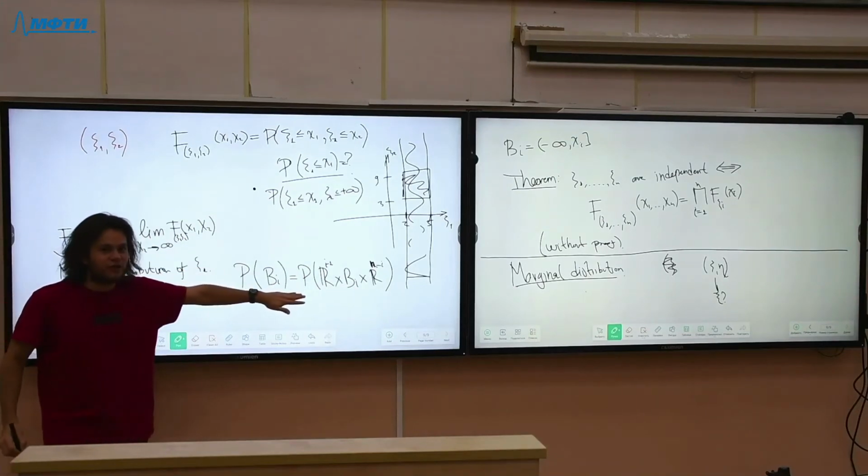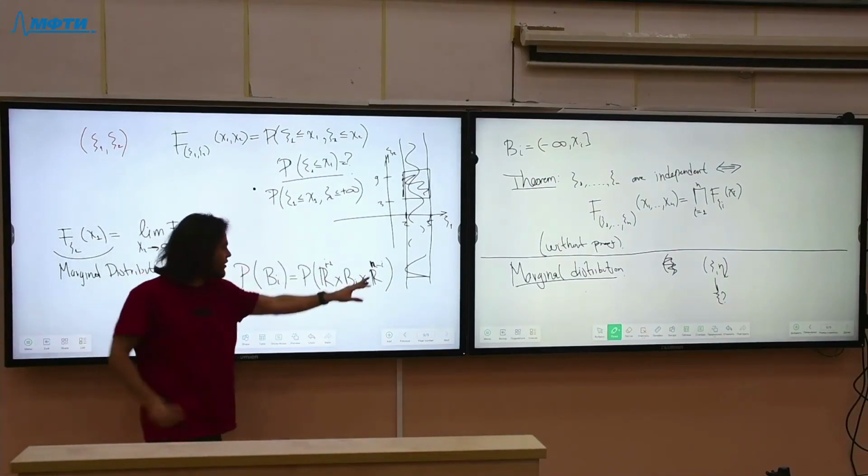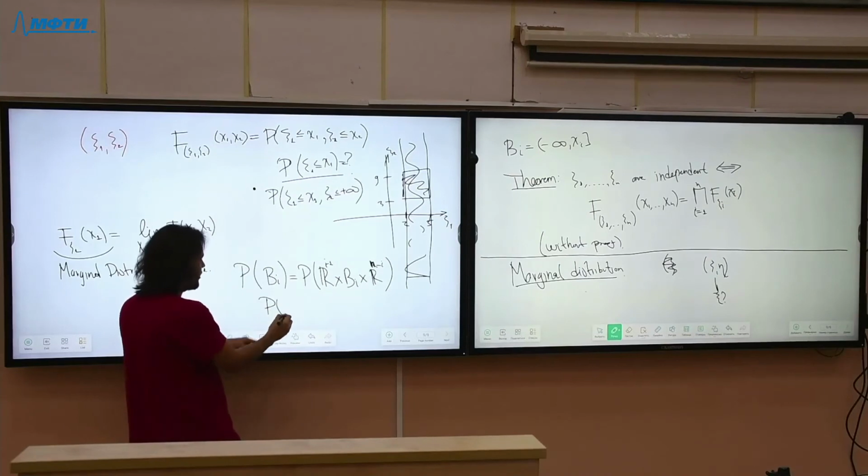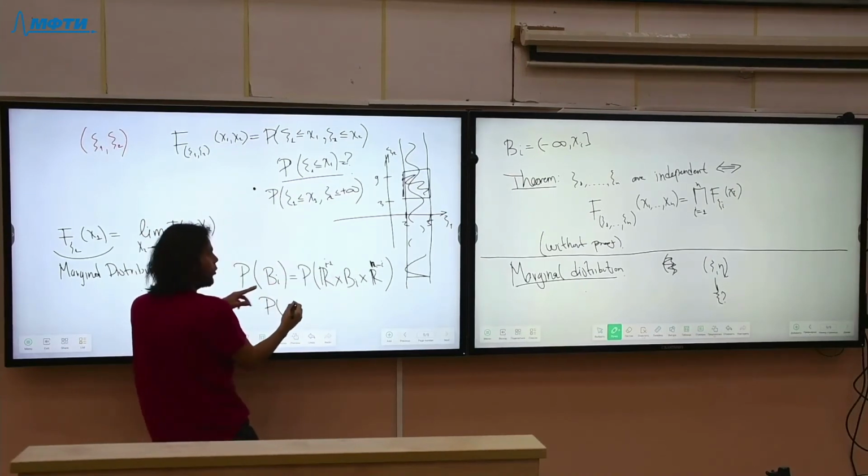I hope you can see. In this case, this is just the probability that V_i is, what is V_i? It's [2, 5].